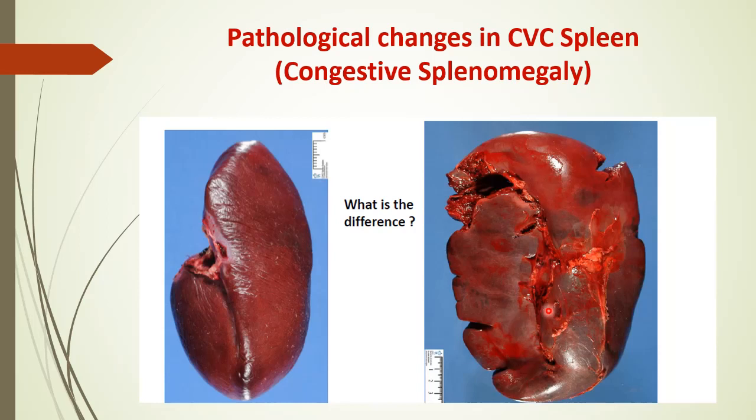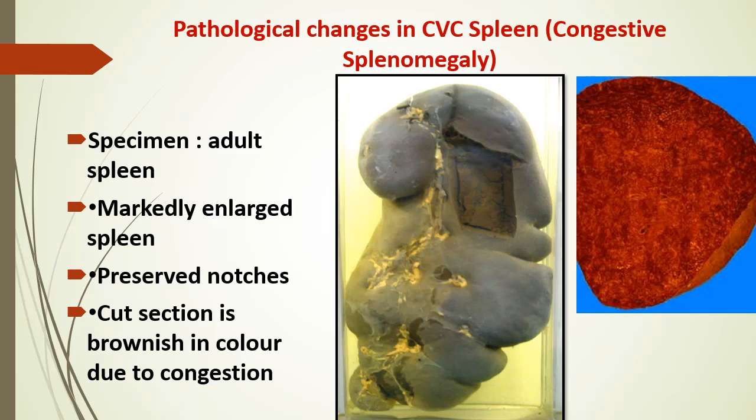The spleen is moderately enlarged, firm in consistency, and its cut surface is dark red due to congestion. This jar you will study in your museum section.